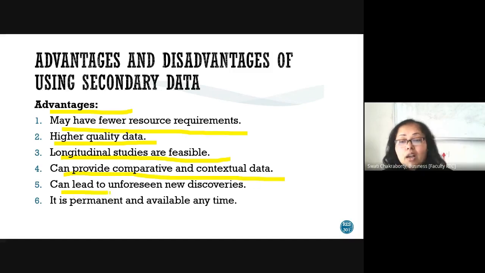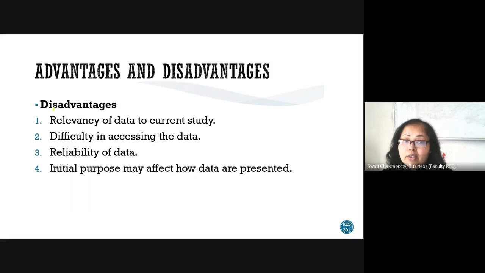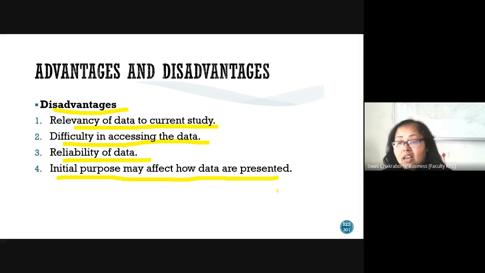It can lead to unforeseen new discoveries. It is permanent and available at any time. But the drawback here is the relevancy of data to the current study, because it was collected by someone for their purpose. Accessing the data is difficult. Reliability of the data is a concern, and initial purposes may affect how data are presented.